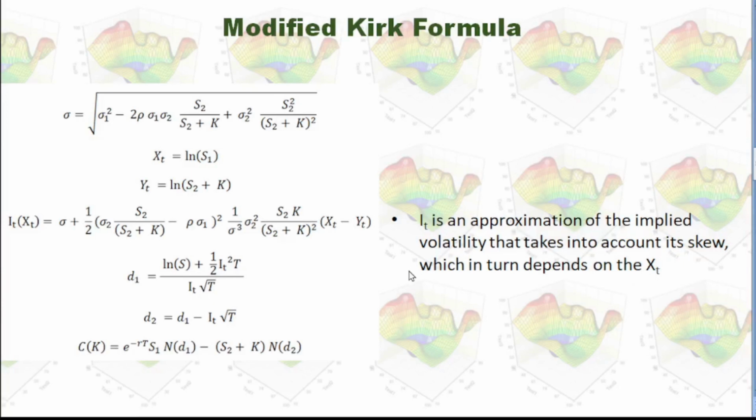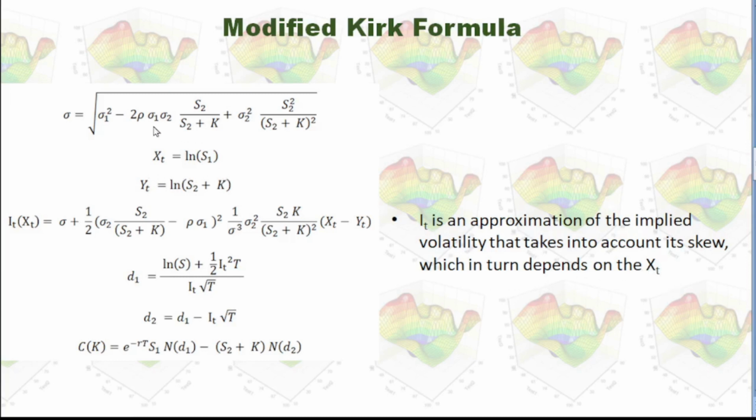In that paper, there are several new formulas. You can see here we have I_T. I_T is an approximation of the implied volatility that takes into account its skew, which in turn depends on the X_T.